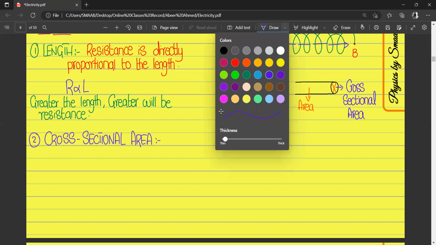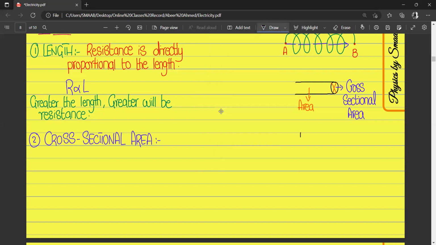Okay, take another example. Let's suppose there is a door in a classroom, and the volume or the size or area, whatever you say, is the first one. And if we draw the diagram for the main gate of the school, so now there are two different areas of gate.